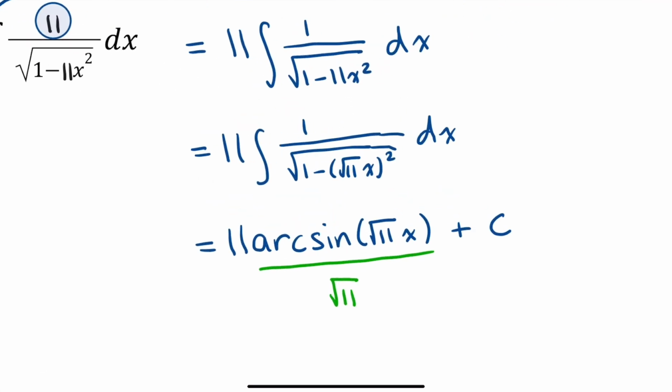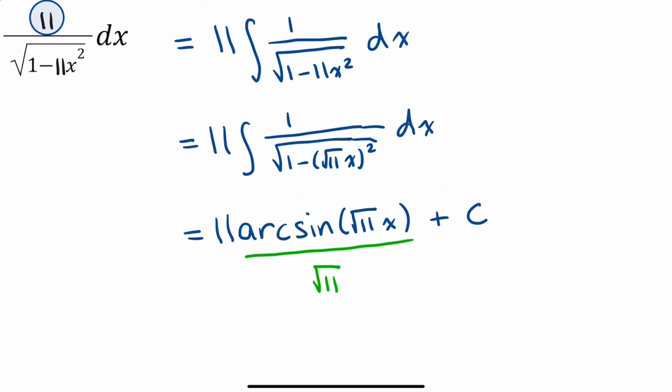And why do we do that? It's because if you take the derivative of this right now as it is, you're going to get an extra root 11, which is not present here. And in order to compensate for that, we need to divide by root 11, or in other words, multiply by 1 over the square root of 11 to get rid of that extra square root of 11.